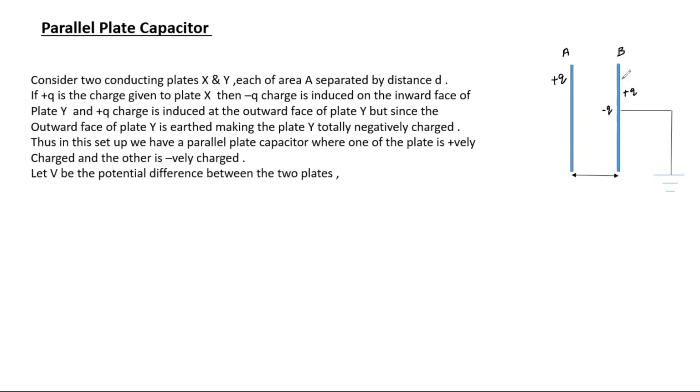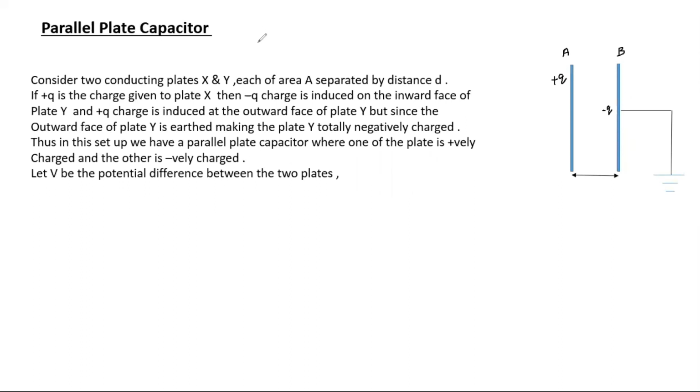Now, you can see that plate B is connected to earth. It is grounded. So because plate B is grounded, in this situation plate B will be totally negatively charged.